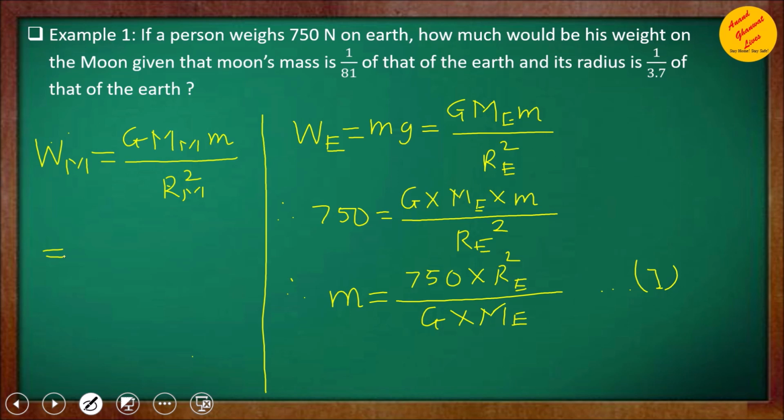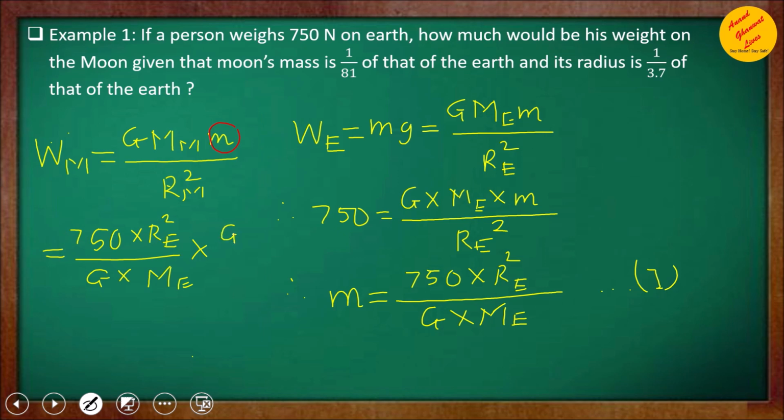Now put the value of m here. So the value of m is equal to 750 into Re square upon G into Me, mass of the Earth, into G into mass of the moon upon radius of the moon, its square.